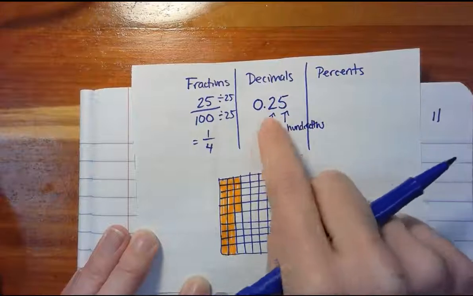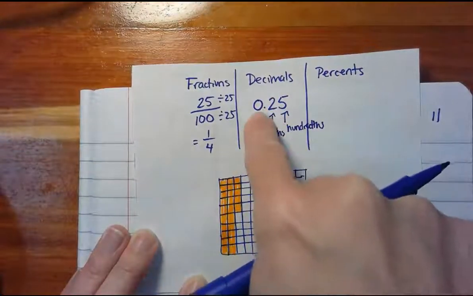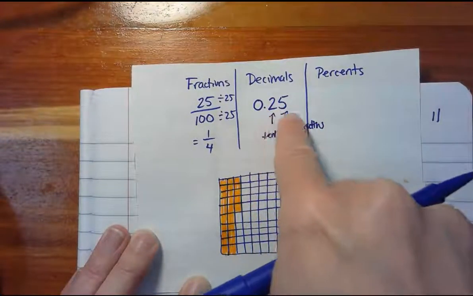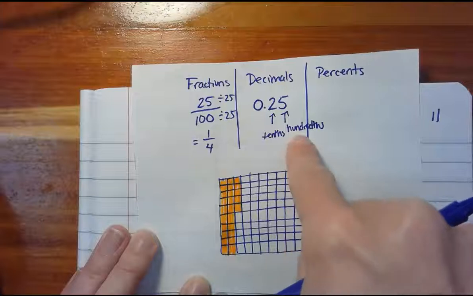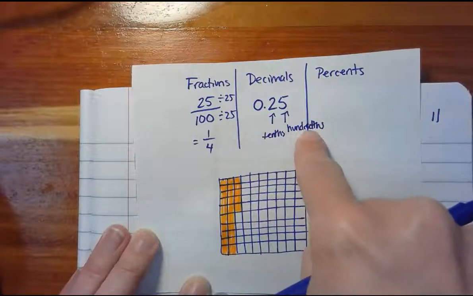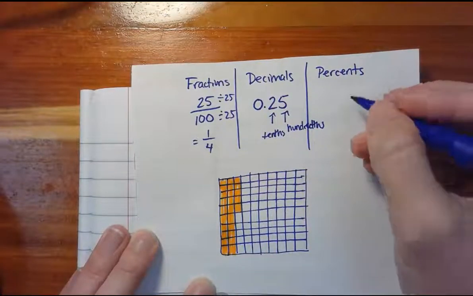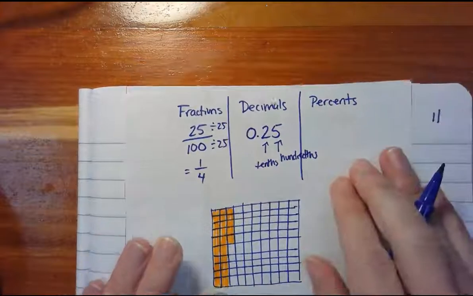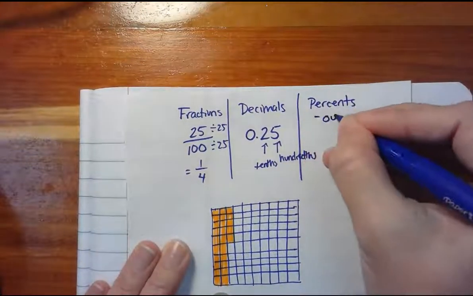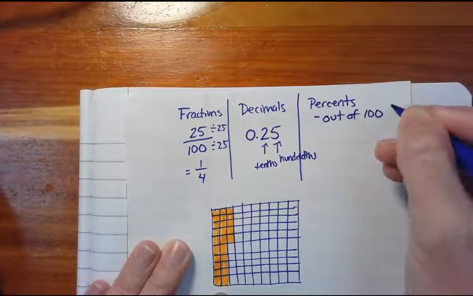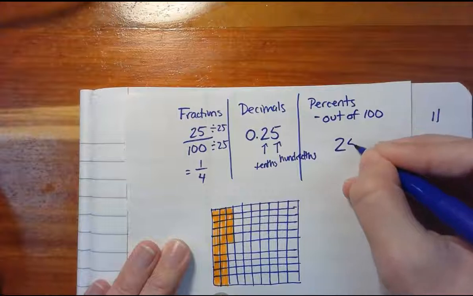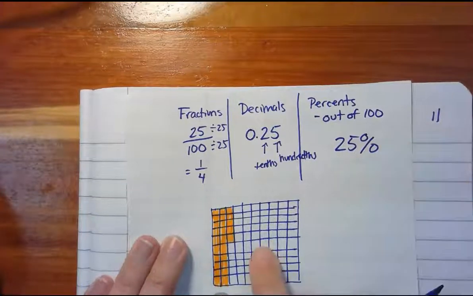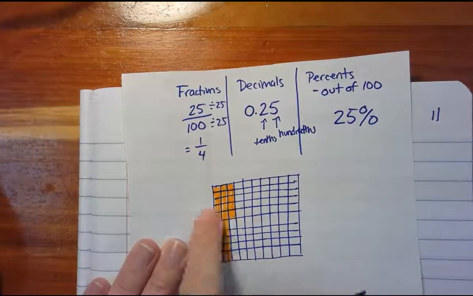And so we could also represent this picture as the decimal 0.25, or we would say this as 25 hundredths. We could pronounce that using that last decimal place. And then as a percent, well, the actual word percent just means out of 100. And so we can also write this as 25% of the square is shaded in.